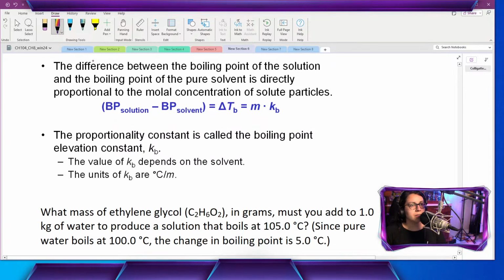And so again, it depends on this new constant. Now we have Kb instead of Kf, so makes sense. So you're just figuring out how much higher your solution boiling point is than the pure solvent. And just like before, it depends on our units. In this case, we're given degrees Celsius per molality.